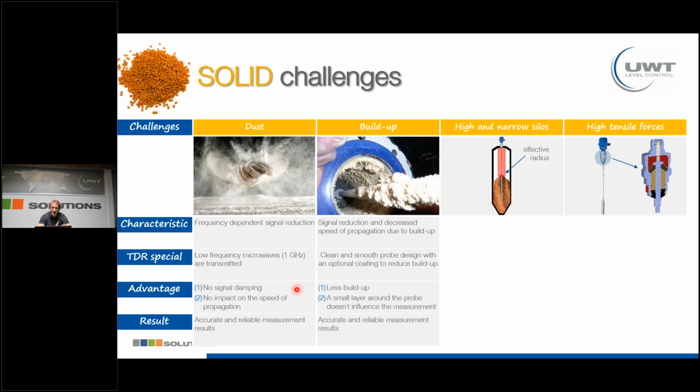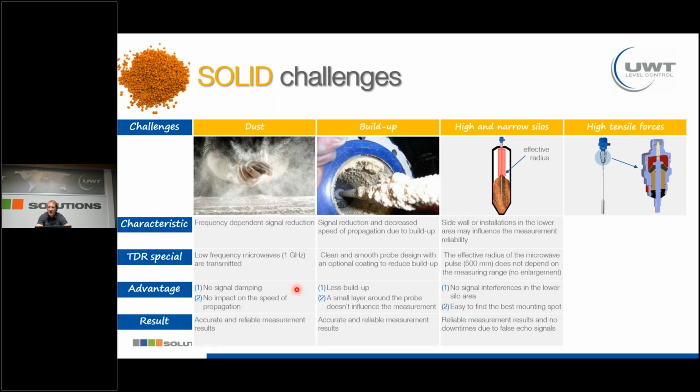The effects are less build-up, and also TDR sensors can deal with a small layer around the probe, and this small build-up does not really influence the measurement. So again, we have accurate measurement results when we avoid build-up around the probe.